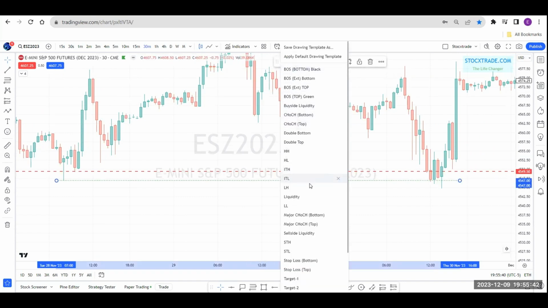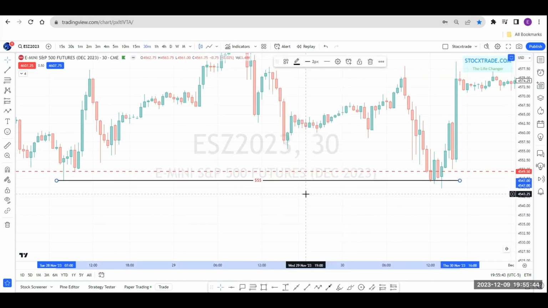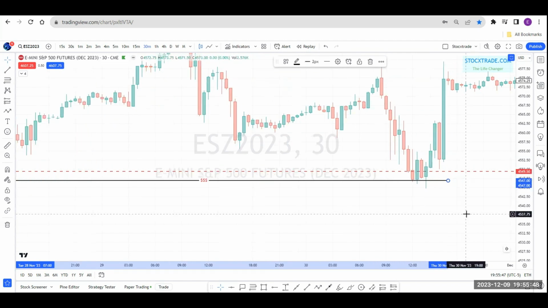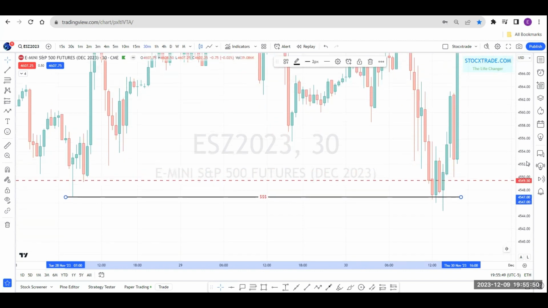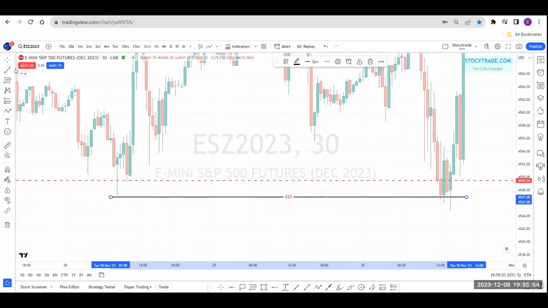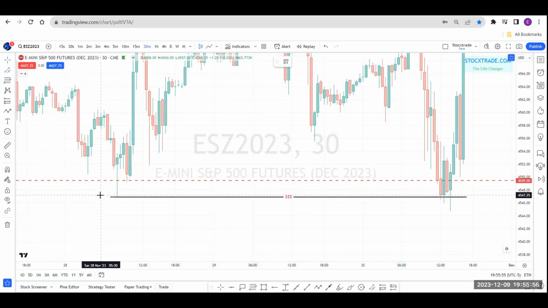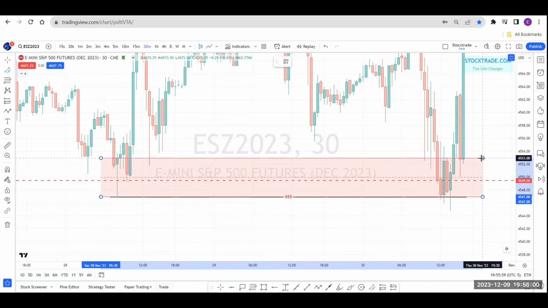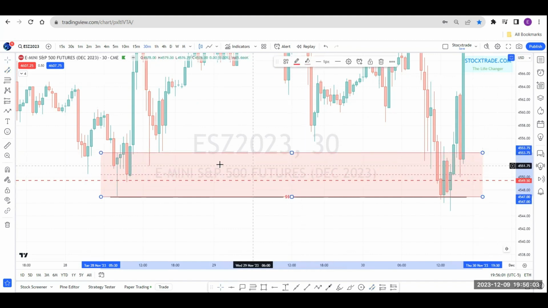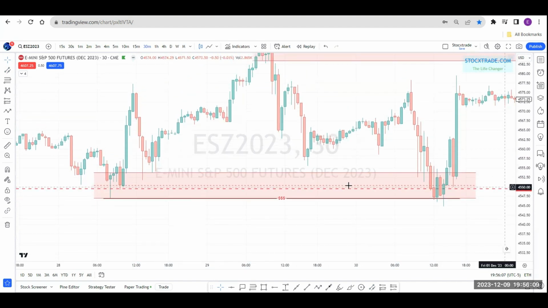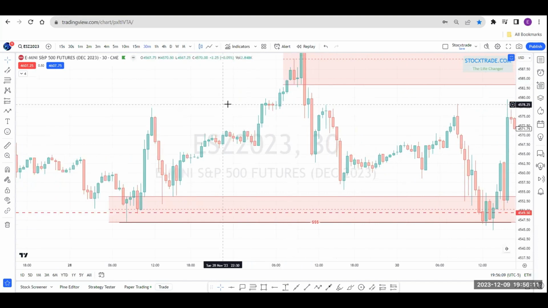This low, which is now liquidity, has more chances that it will be swept out, meaning it will go below this level, because this demand zone is not a fresh zone right now. Now it is testing a third time. So what might happen is the price will come down and sweep out. Let me show you.